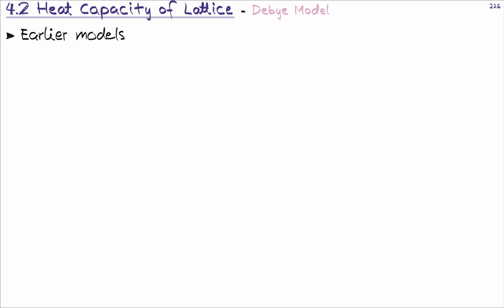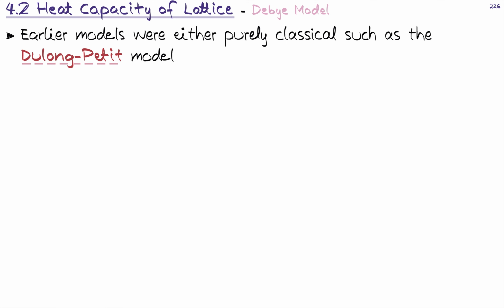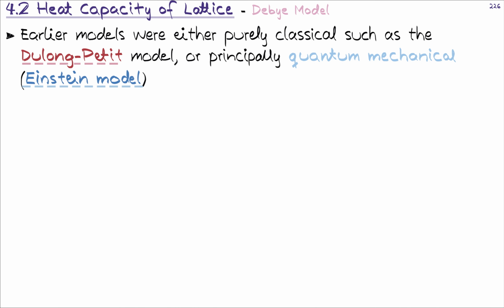Earlier models were either purely classical, for example the Dulong-Petit model that works quite nicely at higher temperatures, or in principle quantum mechanical, such as the Einstein model. But the Einstein model is simplistic. We only have uncoupled harmonic oscillators side by side, and that doesn't really give rise to a dispersion relation in the phonon oscillations, and that affects its predictions.